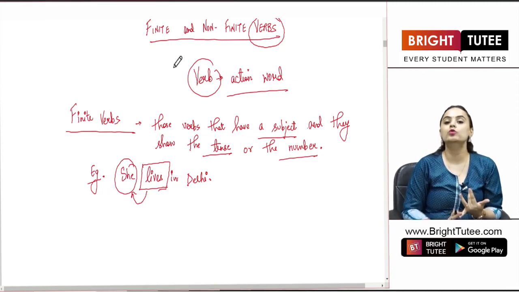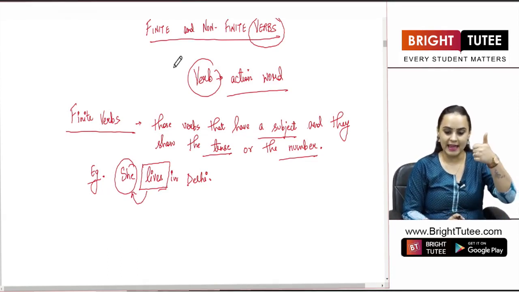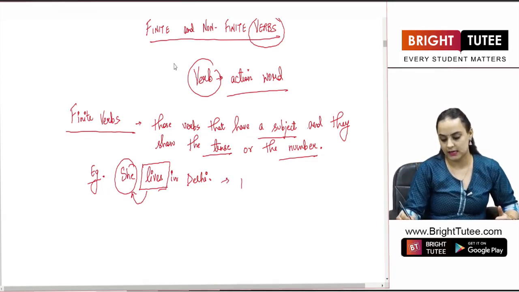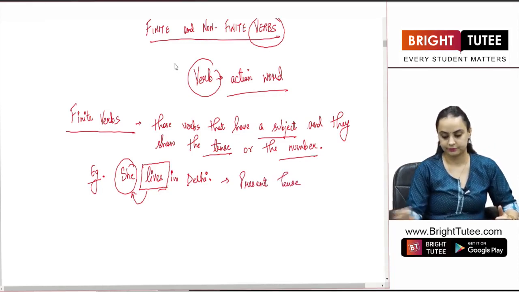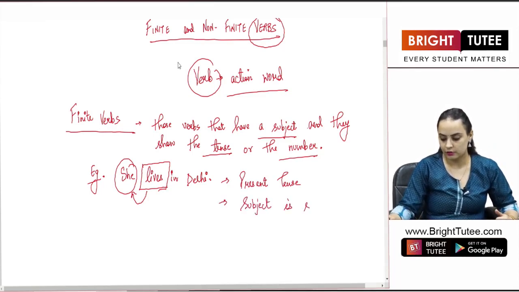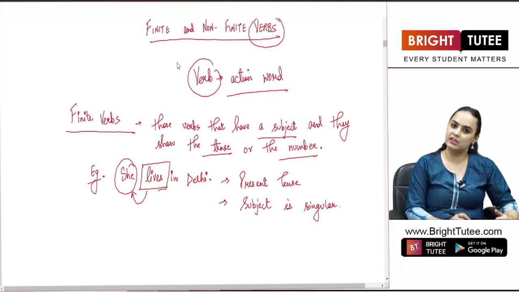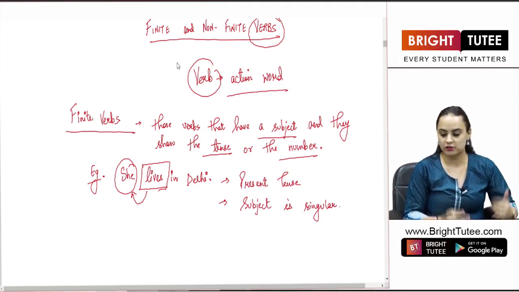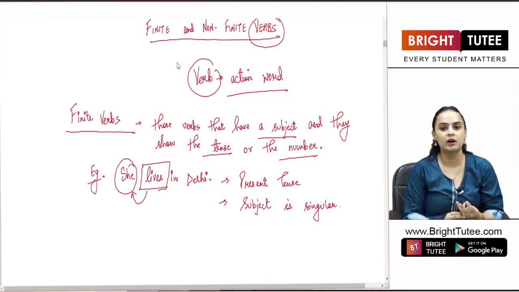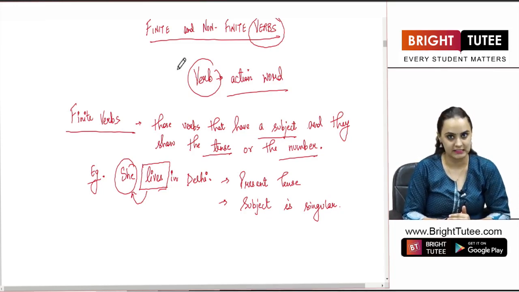Now what do we know about this sentence? A. We know that this sentence is written in the present tense. And B. We know that my subject is singular. What is my subject? She, which is singular in nature. So my subject is singular and my sentence is written in the present tense.